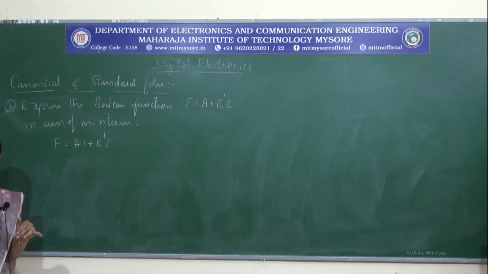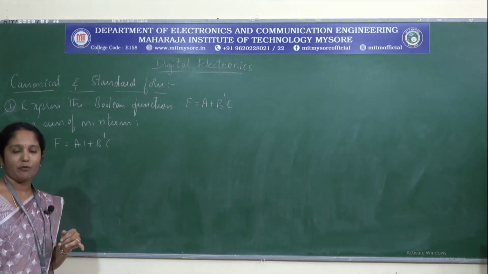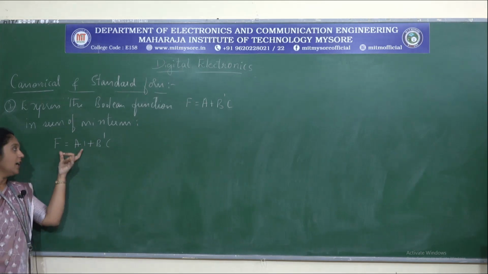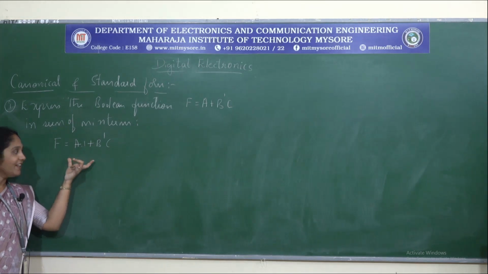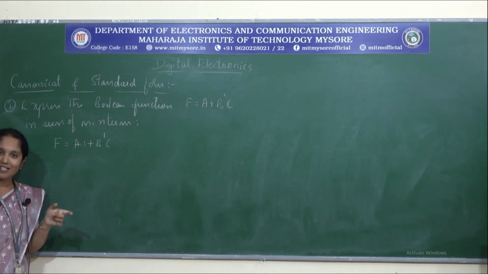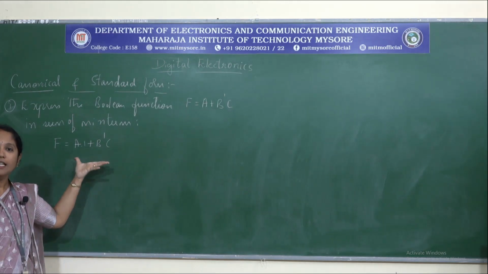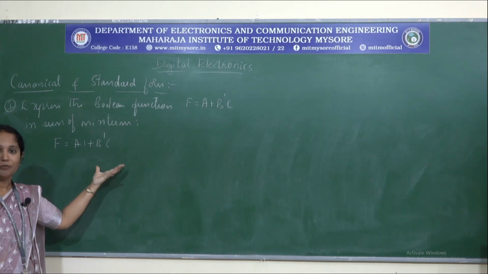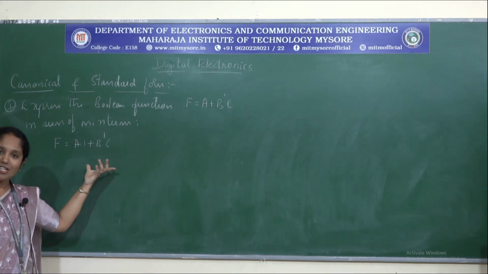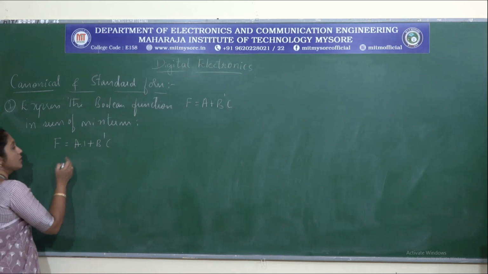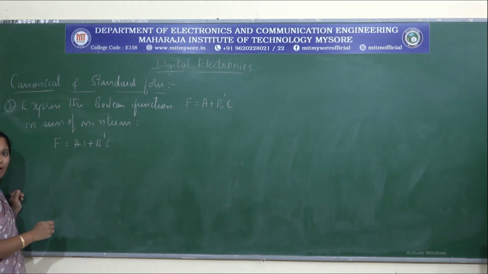Now let us convert this into the canonical SOP form. As we discussed, the canonical form must contain all the variables in each and every minterm, in each and every product term. Here we have two product terms.